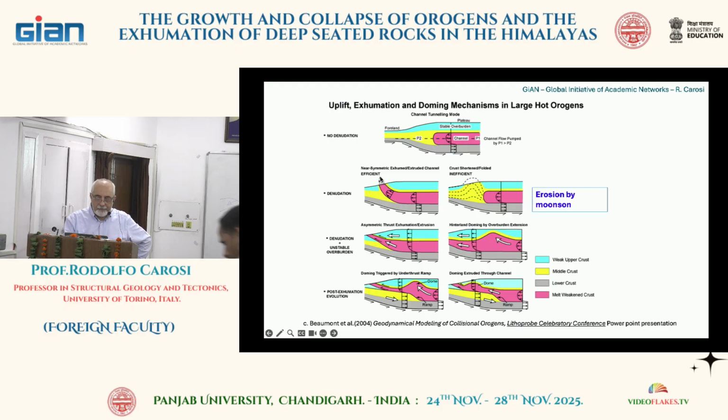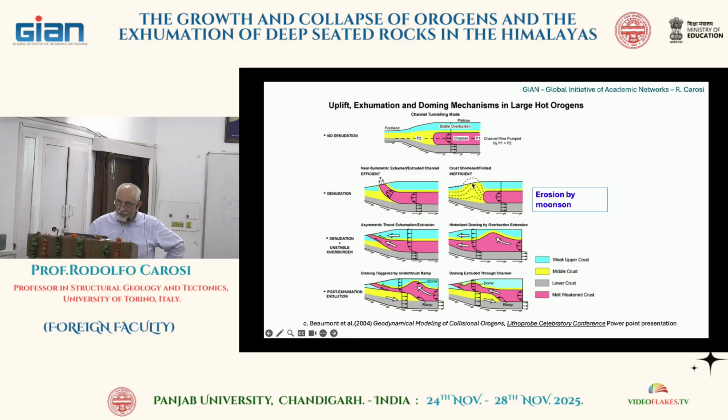With the help of efficient denudation, with strong rain and erosion in the frontal part of the belt for several million years, the velocity of the rocks is not horizontal, but starts to move towards the surface, so the rocks are exhumed.